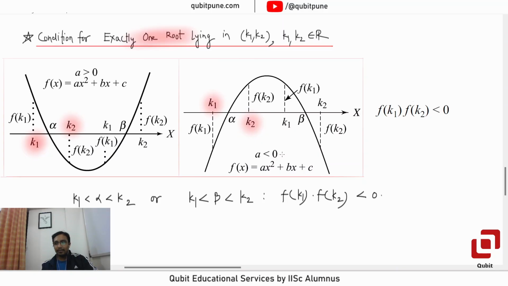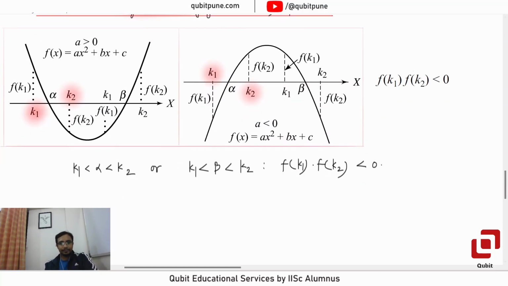Now actually this particular discussion can also be extended to any polynomial equation.